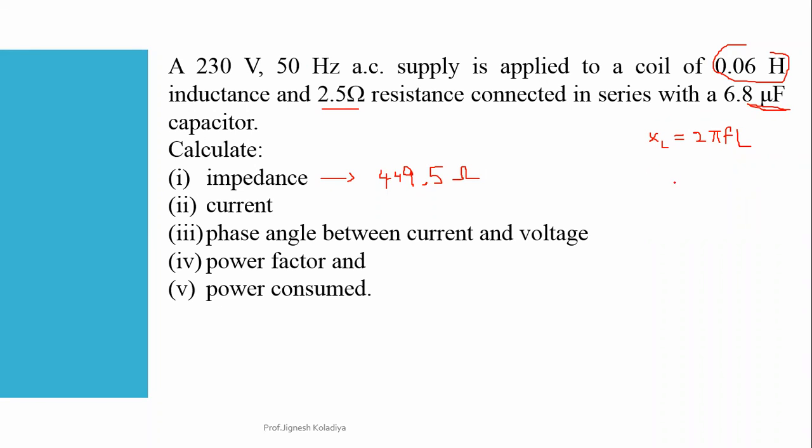Similarly, capacitance is given, but capacitive reactance is not given, so you can use this equation. XC is equal to, again, 1 upon 2 pi fC. When you are putting the value of the capacitor, just convert it from microfarad to farad.